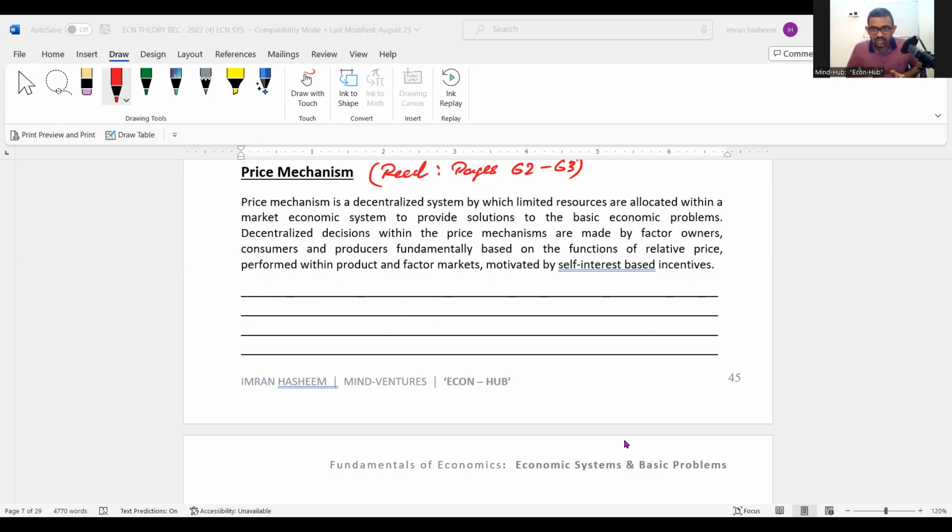Is that clear? So first, information. Secondly, incentive. Price gives us information. When we compare prices, it gives us a what? Incentive. Relative price gives us an incentive, right?